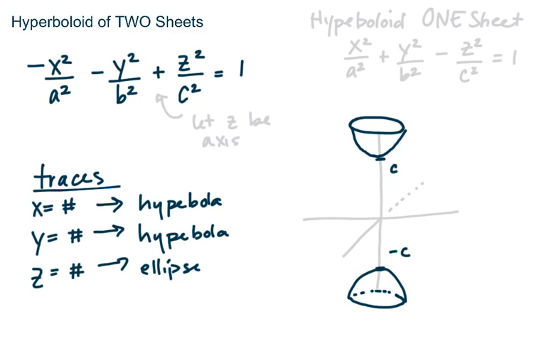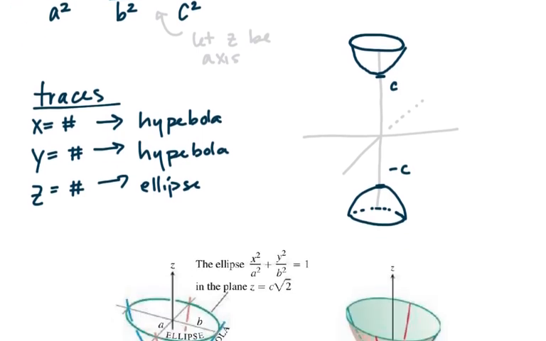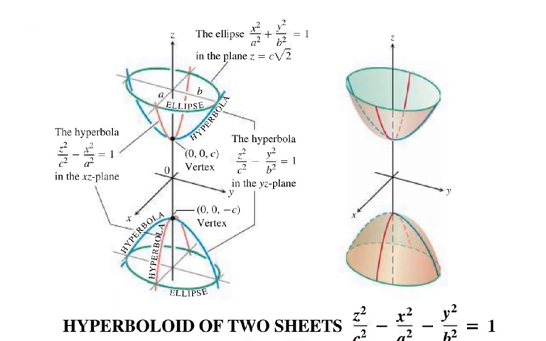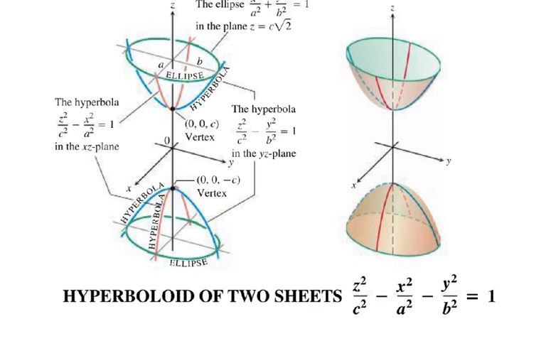Let me pull in the textbook picture with some more details for you. So here we have our hyperboloid of 2 sheets. It's written a little bit differently. They put the z in front, so we have a positive 1 term and 2 negative terms. It really doesn't matter which one's positive and negative. It's just that would determine which axis we are orbiting around, in a sense.